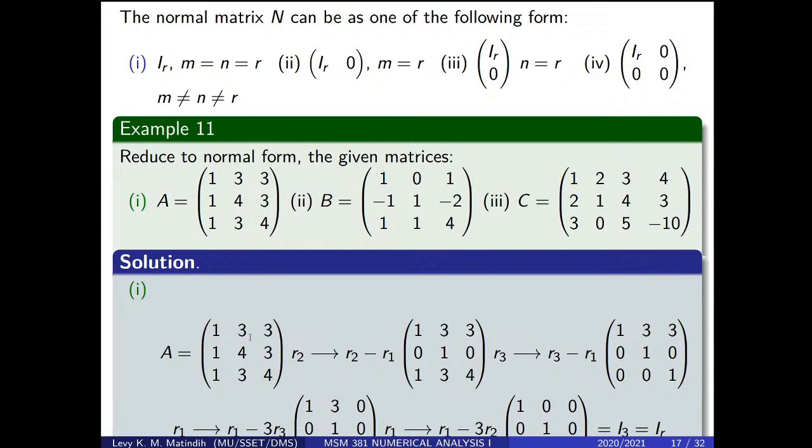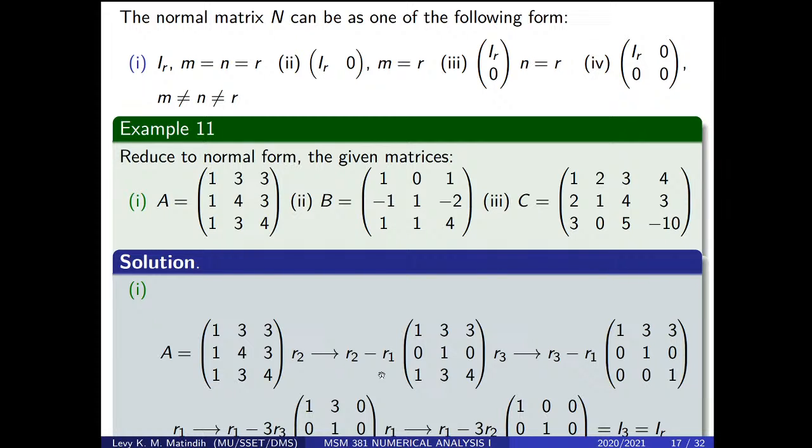Now, no one will tell you how you should reduce it to its normal form. And there is no special way on how you should apply these elementary row operations and elementary column operations. You can make your choice. You can make a decision which one should I start with and which one should I end with.